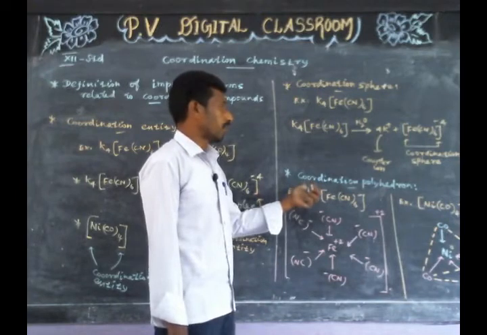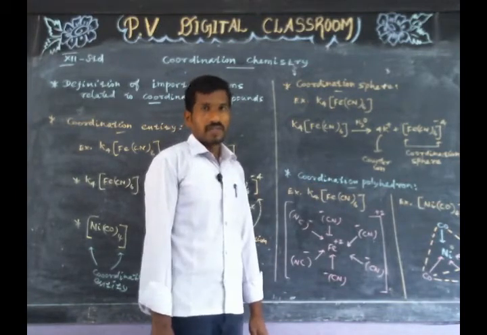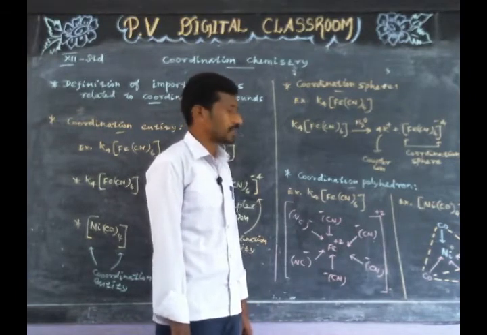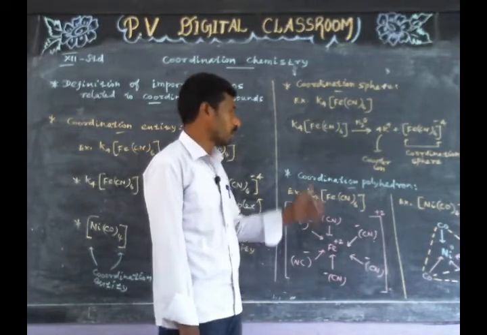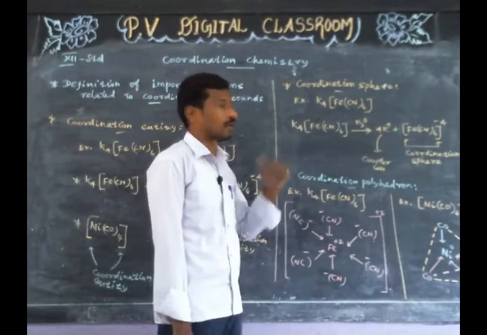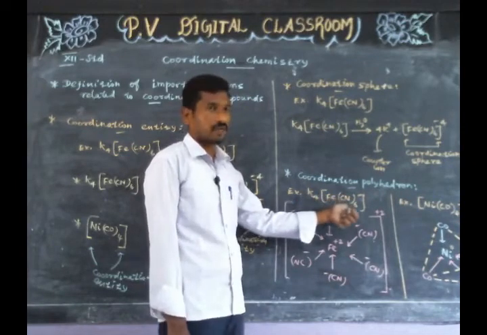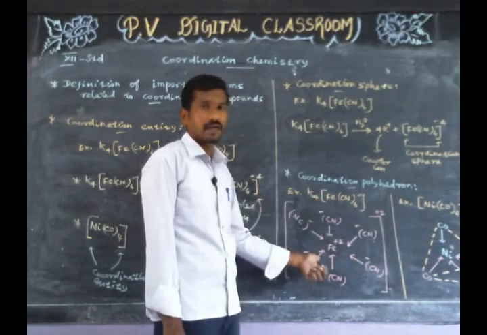Next, coordination polyhedron. The three-dimensional spatial arrangement of the ligands around the central metal atom or ion in a coordination compound is called the coordination polyhedron. Example, potassium ferrocyanide. This compound has octahedral geometry.